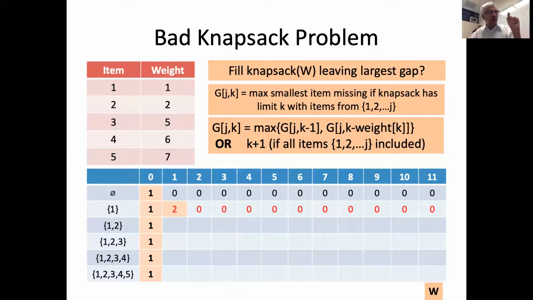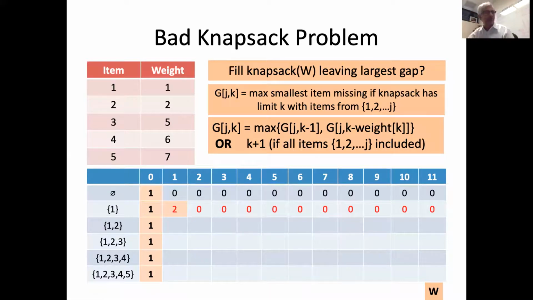So therefore, 2 simply says that's the lowest thing I'm missing, but when I look at capacity 2, 3, 4, in fact, I should be saying the same thing here also.